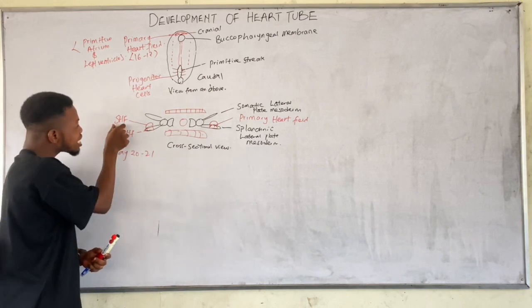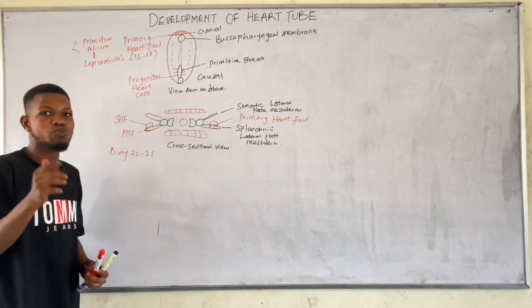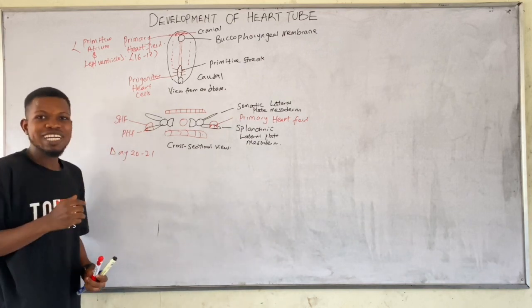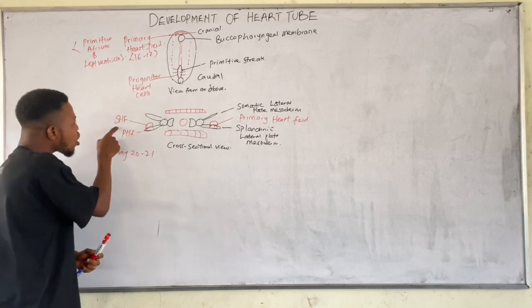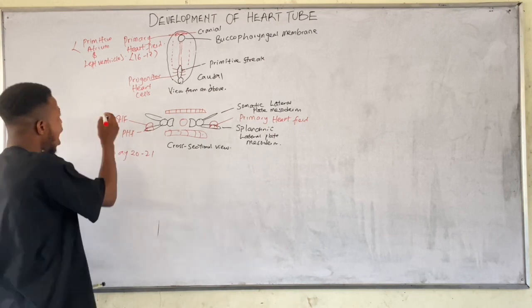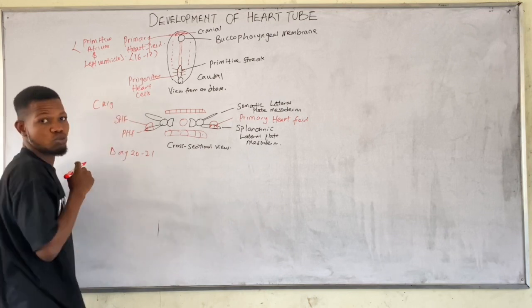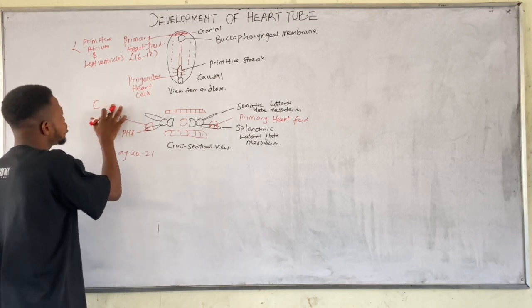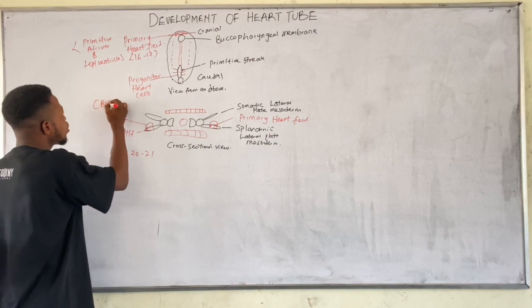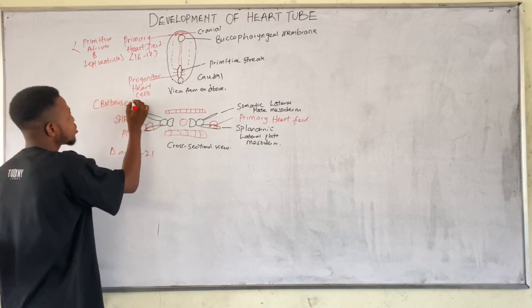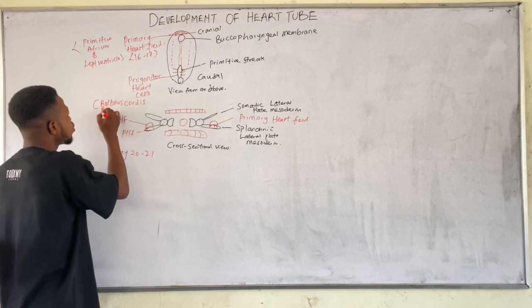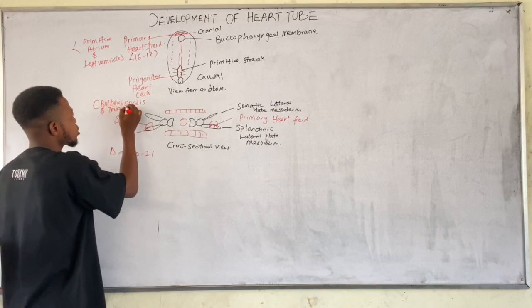Do you get? But the secondary heart field is elongating the heart tube because it is the one that will form the outflow tract. It is the secondary heart field that is going to form our right ventricle, which is our bulbus cordis. It's going to form the bulbus cordis and the truncus arteriosus.